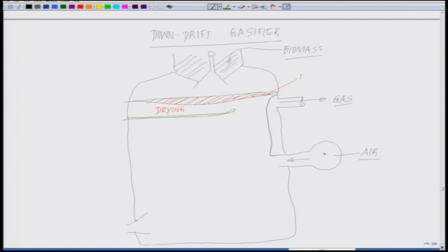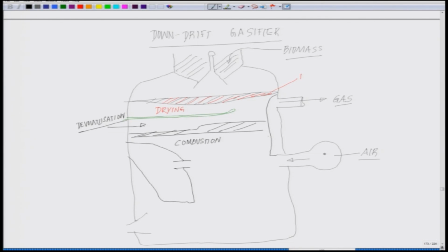So, this is the drying zone, and this zone that you see out here is the volatilization zone, where the volatile materials are escaping, and here is the combustion zone where the combustion is taking place, and underneath it you are having a small kind of partitioning, something like this.